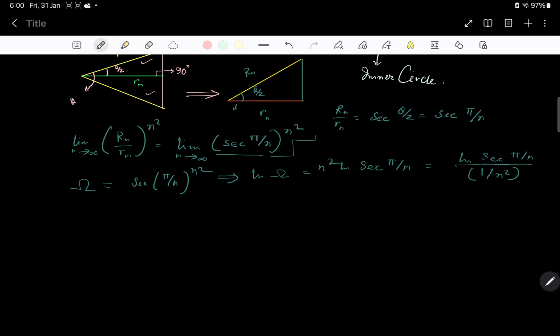So if we are evaluating this limit, log of omega is equal to the limit as n goes to infinity of log sec pi by n divided by 1 by n square.